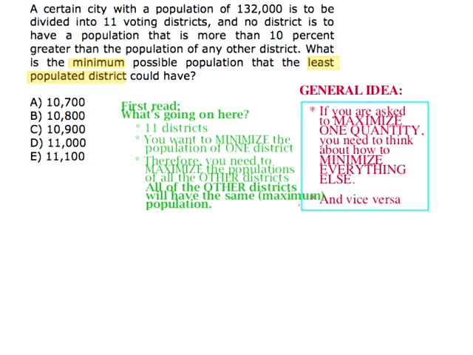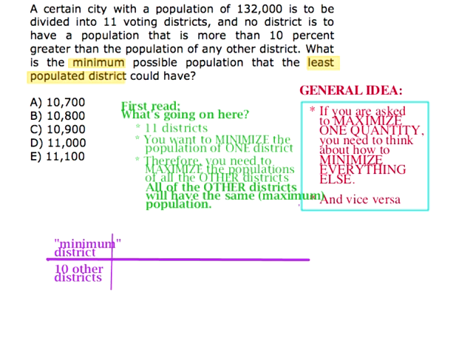But okay, let's just say we have our minimum district, and then we have 10 other districts. What we have to do is have a population per district. That is a very unsightly line. And we are going to have a total population as well, because we know that the total population has to sum to 132,000.